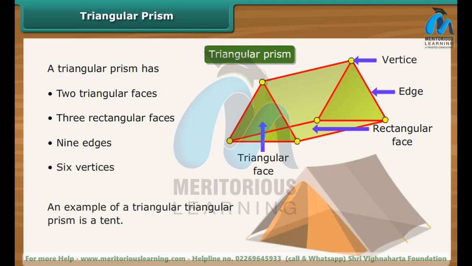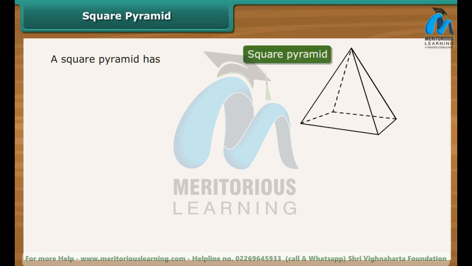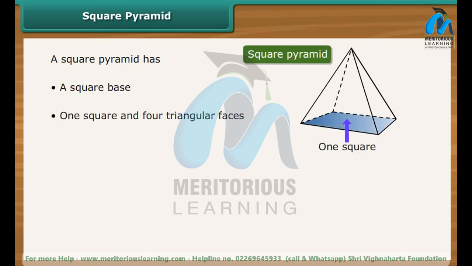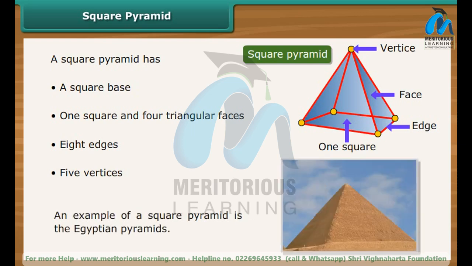An example of a triangular prism is a tent. Square pyramid. A square pyramid has a square base, 1 square and 4 triangular faces, 8 edges, and 5 vertices. An example of a square pyramid is the Egyptian pyramids.